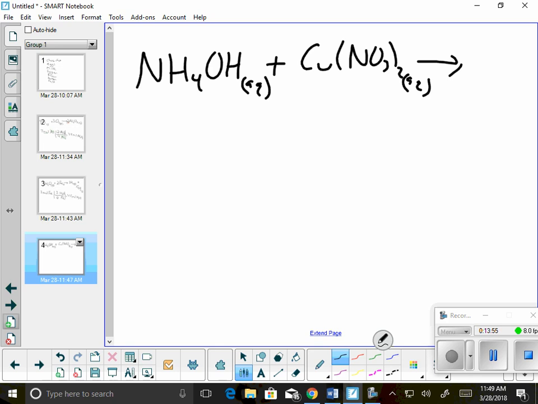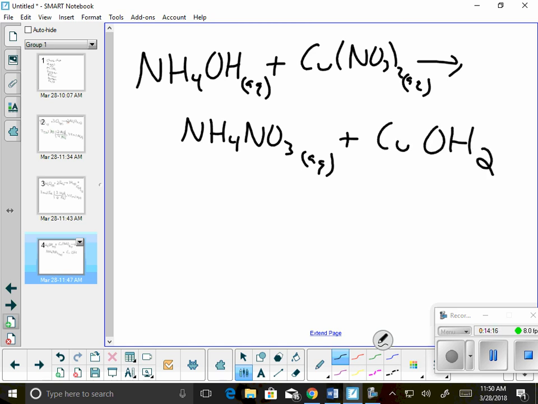I'm actually going to write the products right below because I ran out of room on the right-hand side because in all my excitement, I wrote really big. NH4NO3 is one of the products, right? That's aqueous, if you looked on your solubility table. Number one issue that I'm seeing, ladies and gentlemen, is people are writing this as the formula for copper 2 hydroxide.